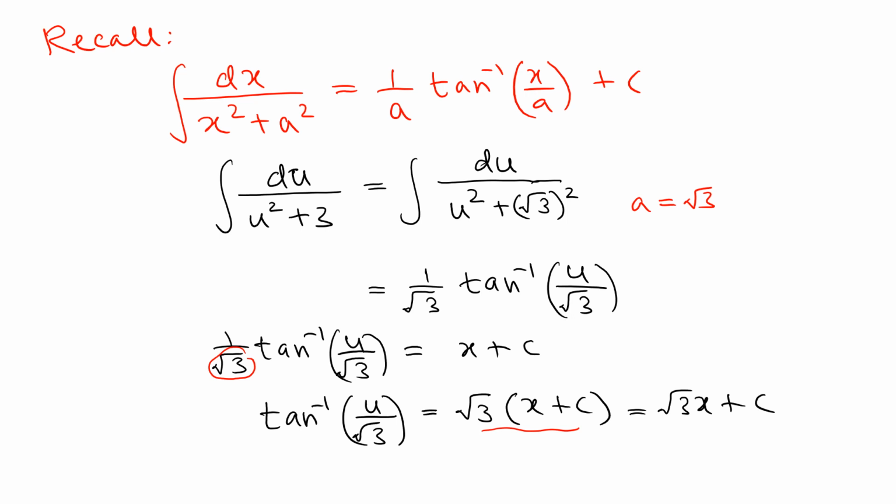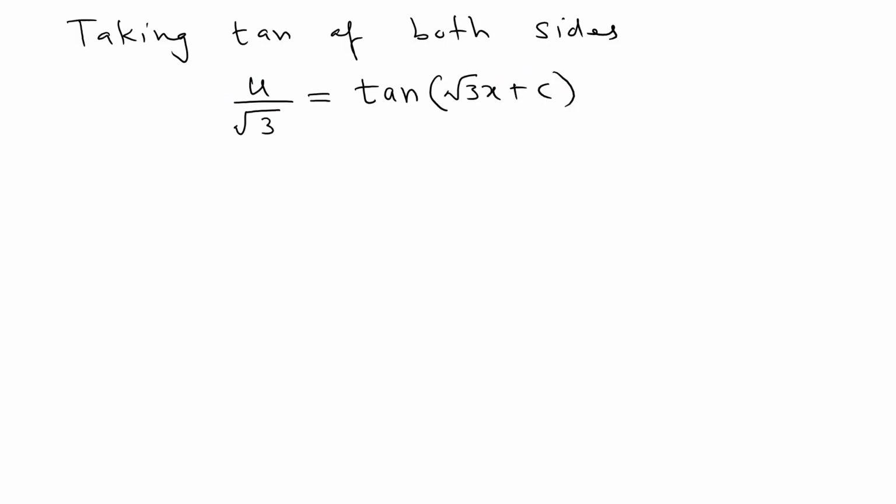Okay, now you can take the tan of both sides to simplify. Otherwise, this is a good answer, but we can take tan of both sides. So we have u over square root 3 equals tan of (square root 3 x plus c). Now we multiply by square root 3 again to isolate u.